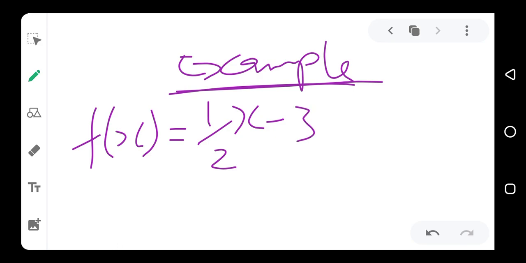F of x is equal to 1/2x minus 3, and we are asked to find the inverse function of it.